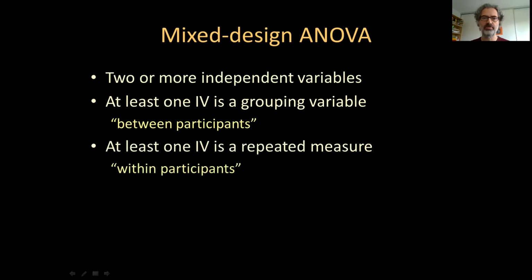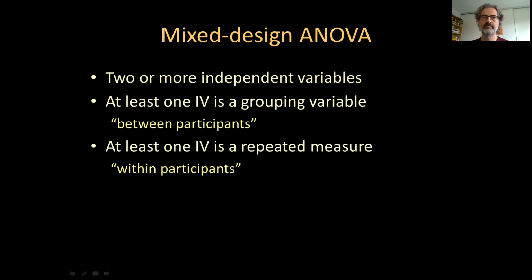So when you have both groupings and repeated measures, then you have mixed ANOVA. Grouping variables are called between participants or between subjects, and repeated measures are also called within participants or within subjects.